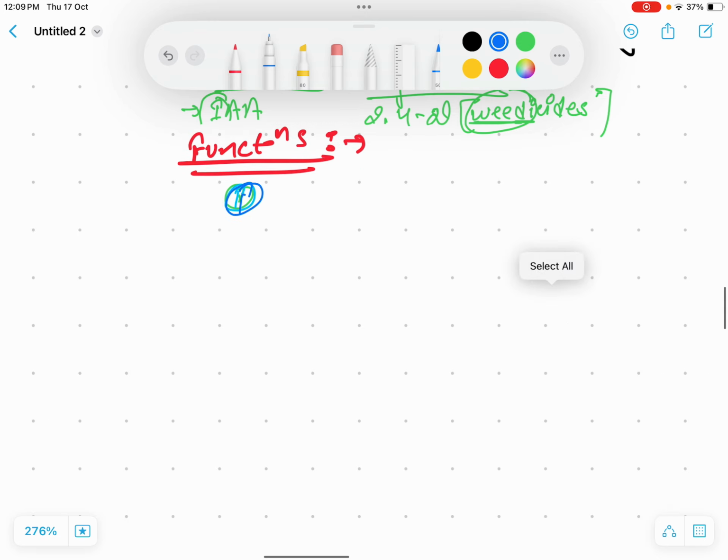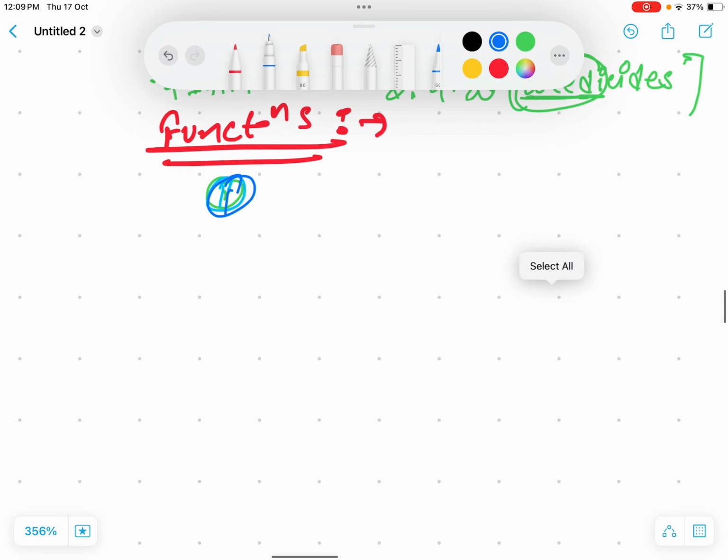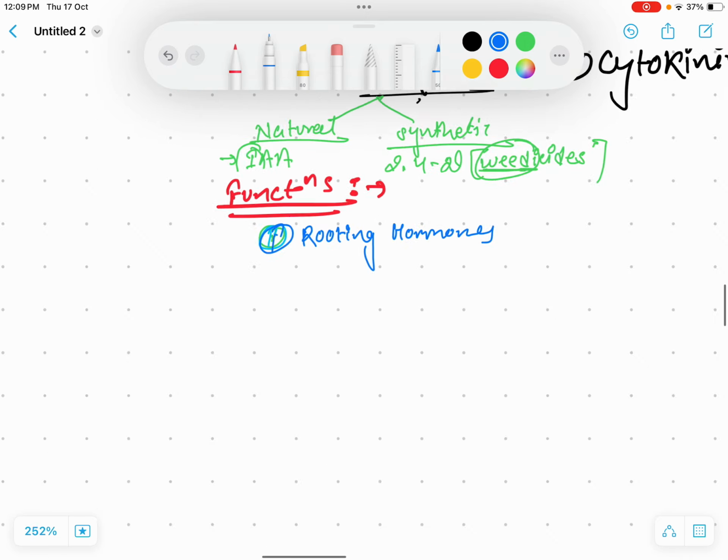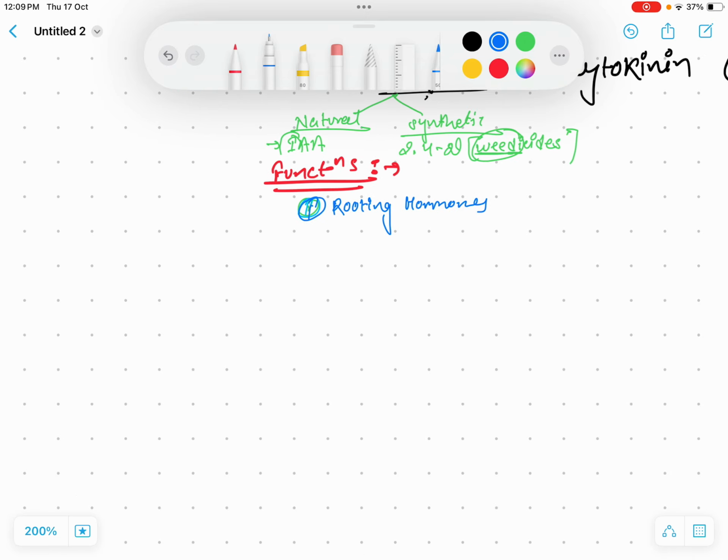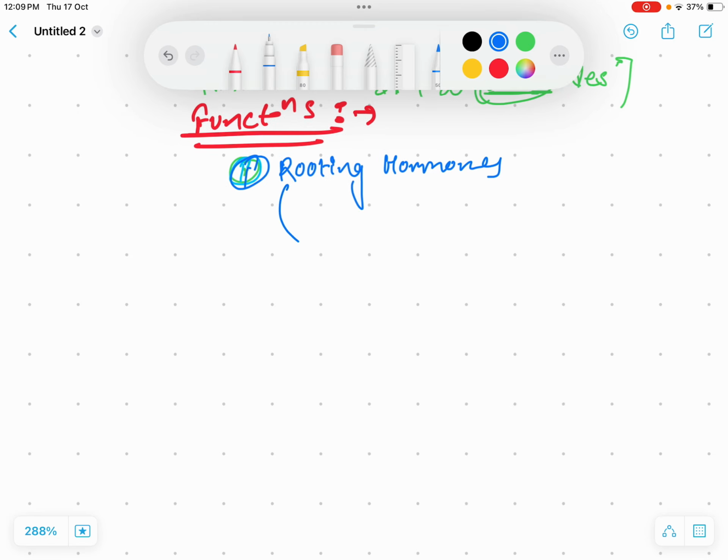It is a rooting hormone. It helps to grow roots of a plant, which is why it is called rooting hormone. Another function is apical dominance.